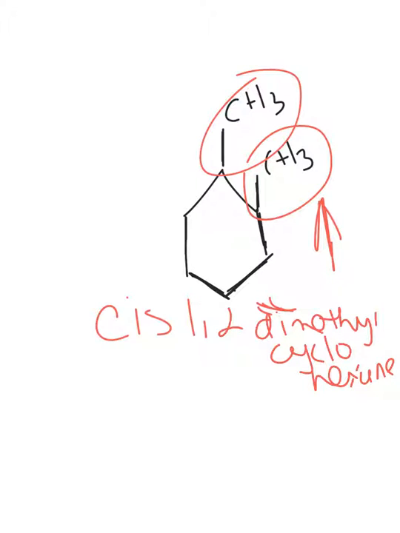Okay. And so if we were to then draw it again as trans-1,2-dimethylcyclohexane, one of my methyl groups is going to be facing the other way. So if we just clear the board here, let me just erase this.